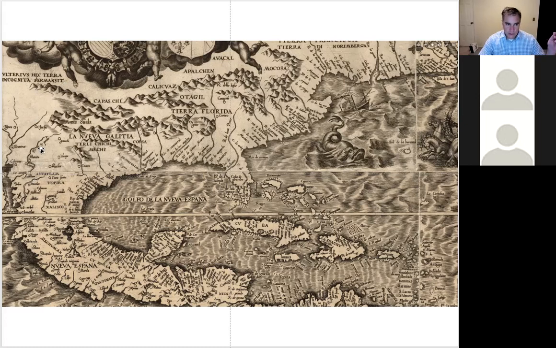Coronado, coming up out of Mexico, actually crossed through Oklahoma into Kansas looking for the fabled seven cities of Cibola, which wound up being the Wichita Indians' villages. But Ponce, of course, heard about this Fountain of Youth, and that was one of those rumors he was seeking in Florida. Think about the physical geography of Florida.